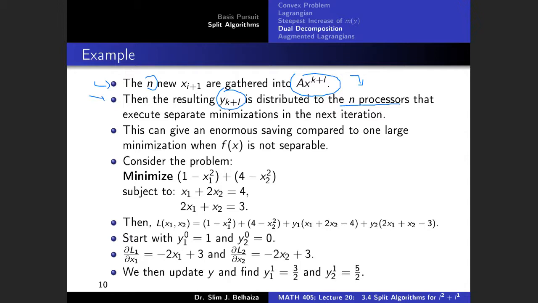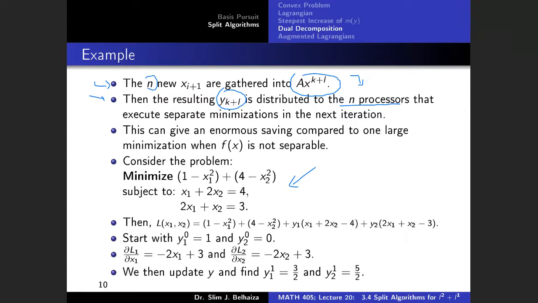Okay, so let's consider this example. What do we have here? Do we have a separable function? 1 minus x1 squared plus 4 minus x2 squared. It's already separable, guys, right?